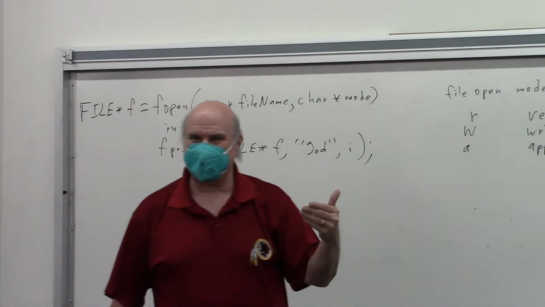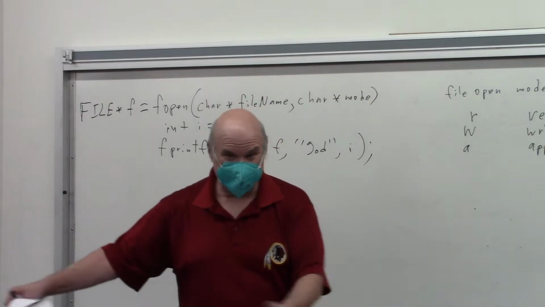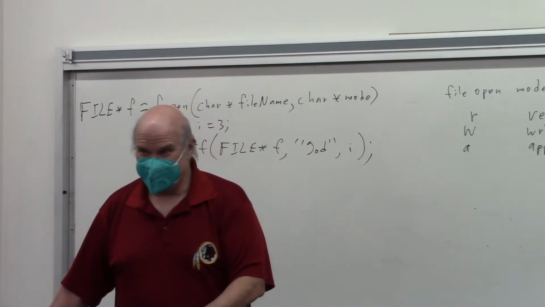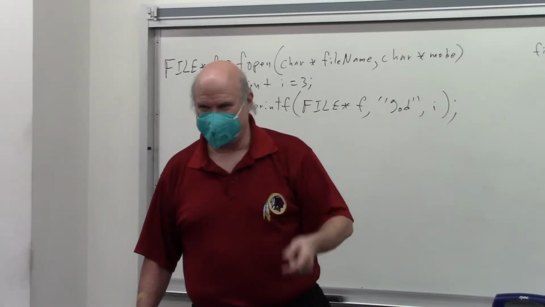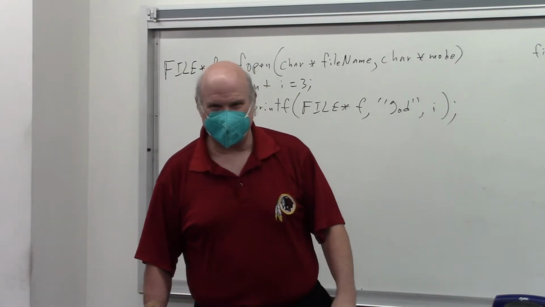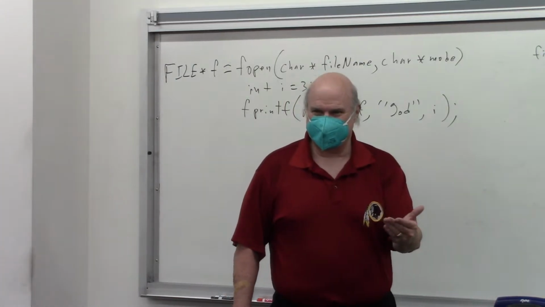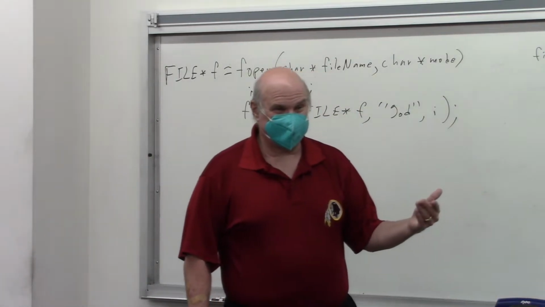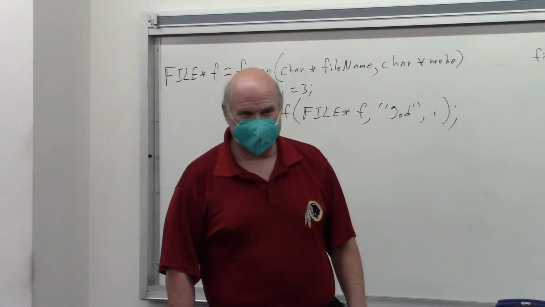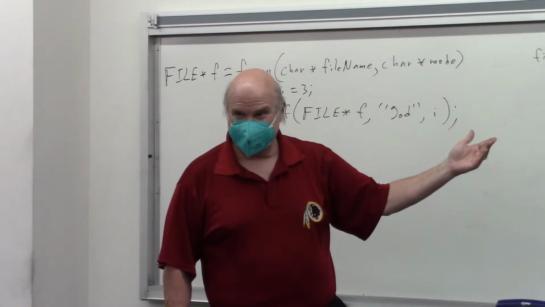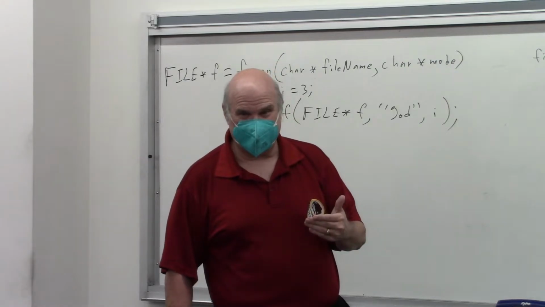Streams are flowing data. Think of a stream as flowing water, right? We just had some rain. We actually got to see a little bit of flowing water. That's what a stream is, okay? In the concept of computers, a stream is flowing data. You have a file stream, which means it's going to flow to and from a file.